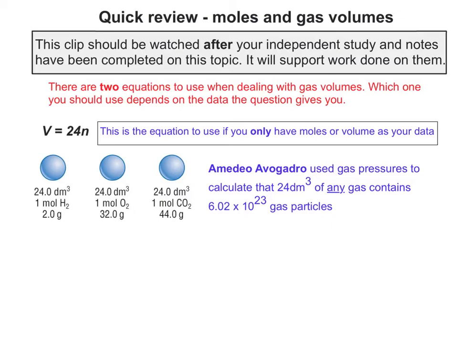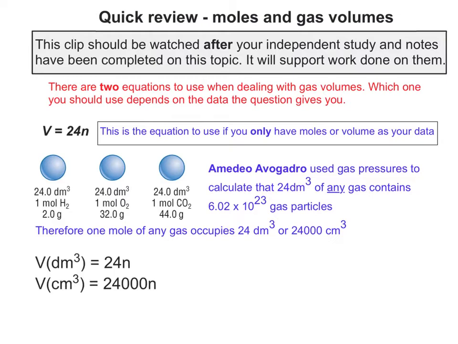Therefore, 1 mole of any gas occupies 24 decimetres cubed, or 24,000 centimetres cubed. So the volume of any gas is 24n in decimetres cubed, or 24,000n in centimetres cubed.